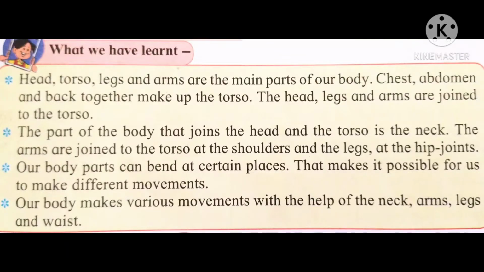The arms are joined to the torso at the shoulders and the legs at the hip joints. Our body parts can bend at certain places. That makes it possible for us to make different movements. Our body makes various movements with the help of the neck, arms, legs, and waist.